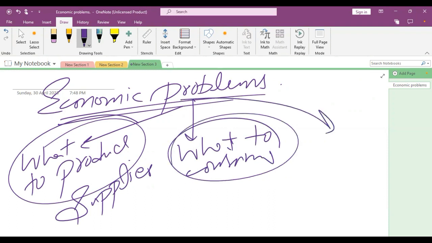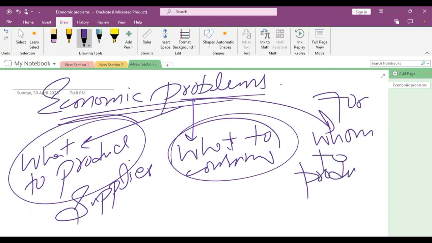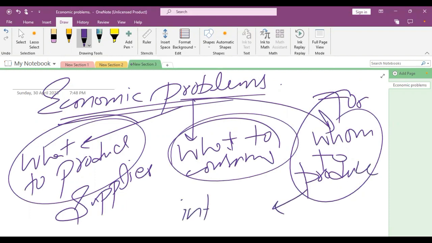The third one is for whom to produce. Who are the intended users of the product in the market?